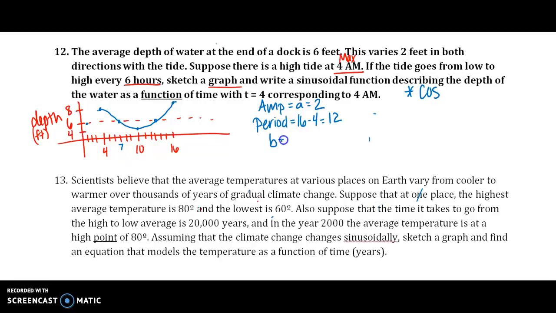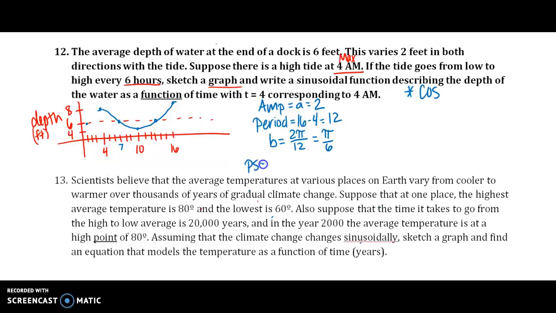So to calculate b, I would take 2 pi, divide it by my period, and that is 12. And I get pi over 6.